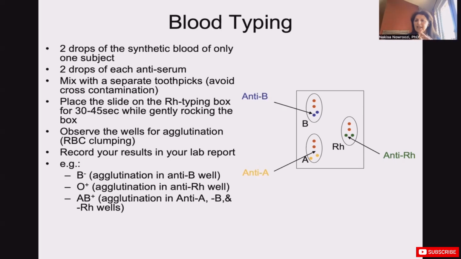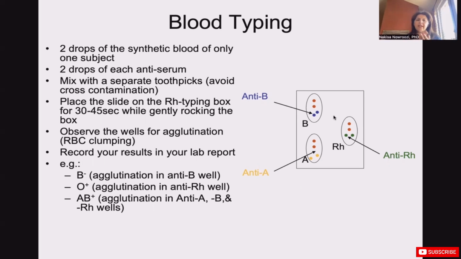You have antigen A, antigen B, and antigen Rh. So we're going to put antiserum against those antigens. You put anti-B in one well, which is marked B, anti-A in one well that is marked A, and anti-Rh in the well that says Rh.